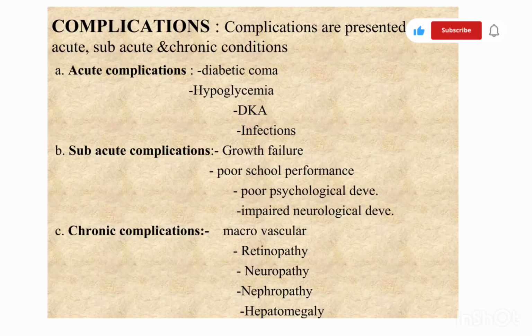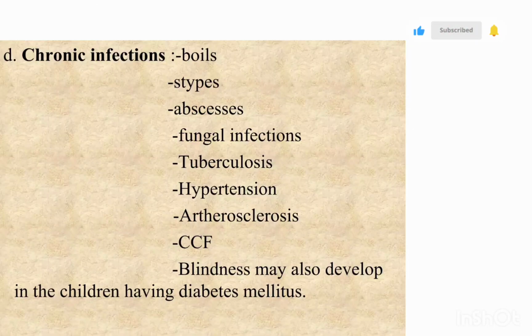And chronic complications include macrovascular disease, retinopathy, neuropathy, nephropathy, hepatomegaly, boils, abscess, fungal infection, tuberculosis, high blood pressure, atherosclerosis, and CCF, which means congestive cardiac failure. Blindness may also develop in children having diabetes mellitus.